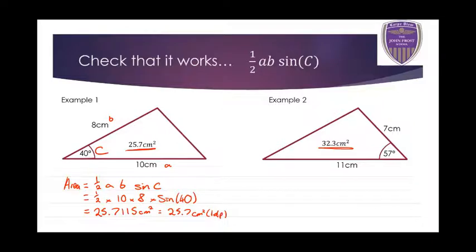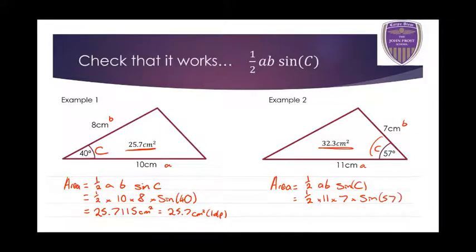What about this one over here? In example 2, we had another triangle. We figured out the area was 32.3 centimeters squared, but let's use our new fancy formula. Area equals half AB sine C. So a half stays as a half. Let's relabel this triangle: we call this A, call that B, and this is angle C. A is 11, so half times 11 times 7 times sine 57.